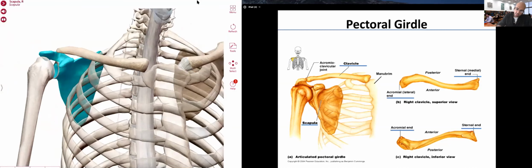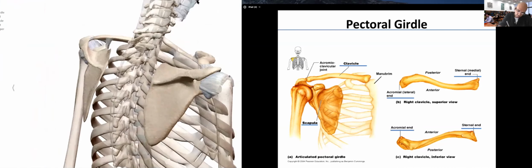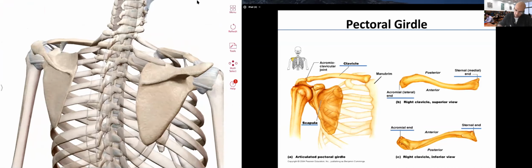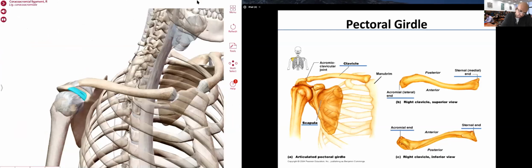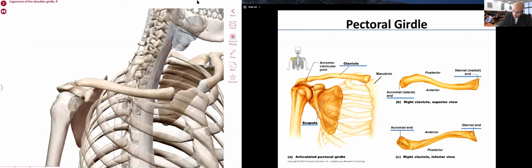If we're looking at the clavicle, the clavicle has two ends. One bulging end articulates with this part of the sternum.